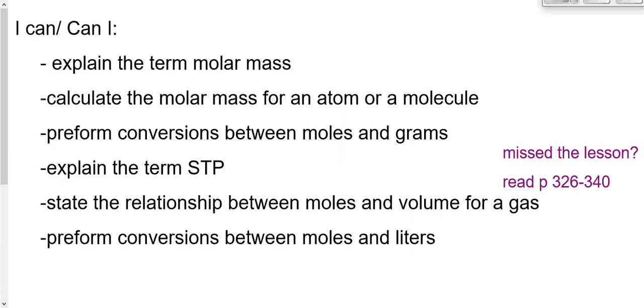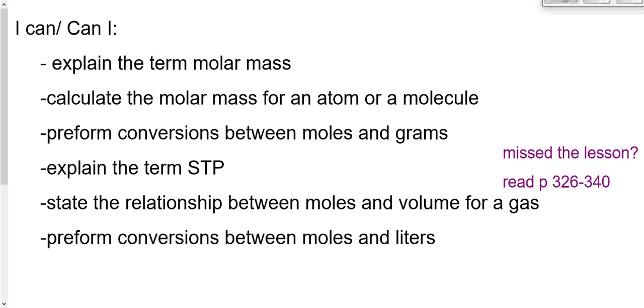I'm hoping that after this lesson you understand that the term molar mass refers to how much a mole of a substance weighs in grams. I hope you can calculate the molar mass for an atom or a molecule by adding up the bits from the periodic table. And then, can you perform conversions between moles and grams using our unit factor label method?